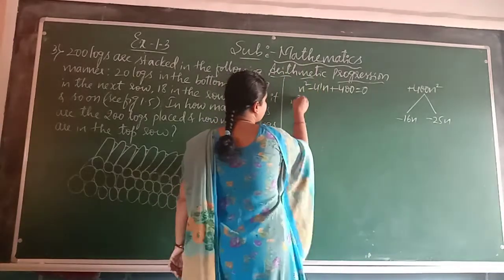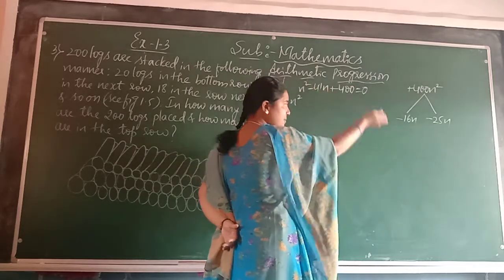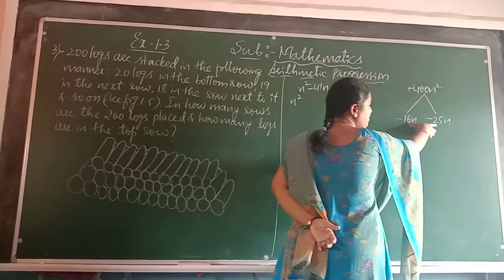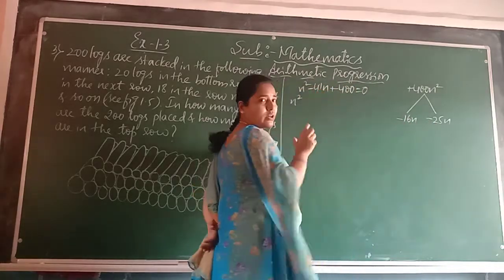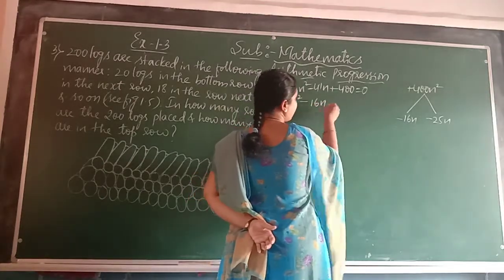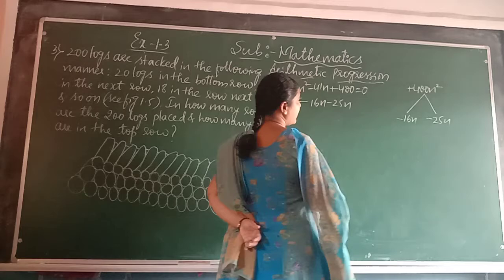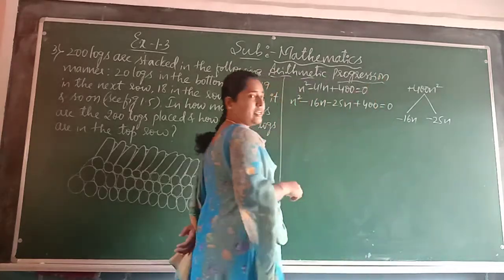Okay. Now n square, in place of minus 41n, I am writing these two factors because I am splitting minus 41n into 2 factors. That is minus 16n minus 25n plus 400 is equal to 0.